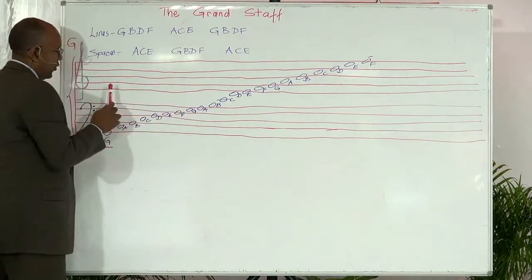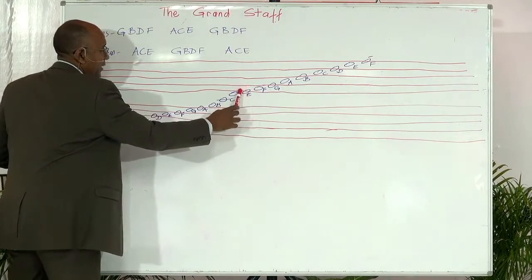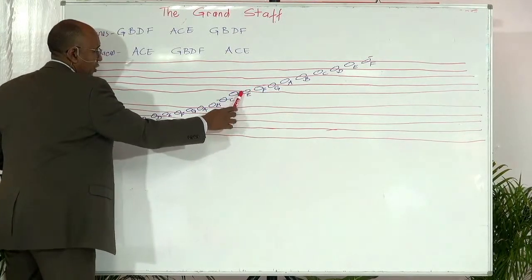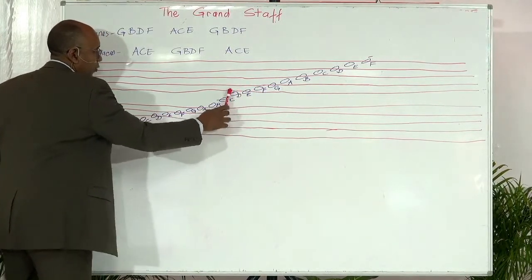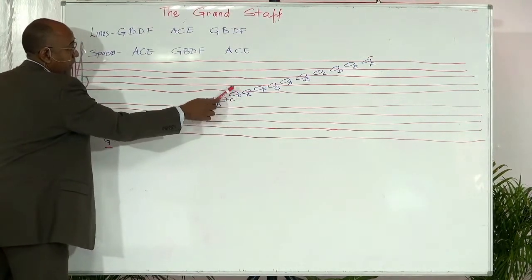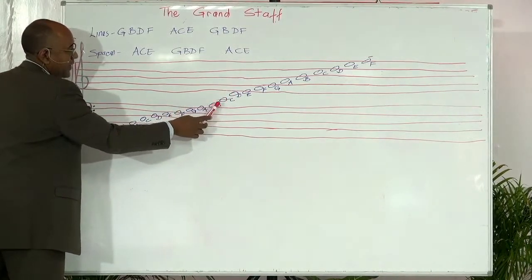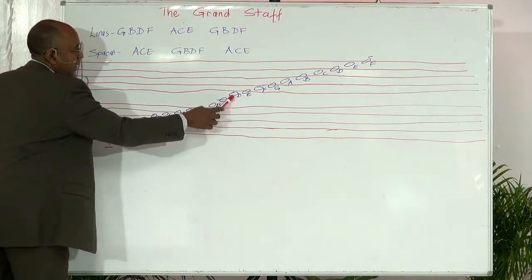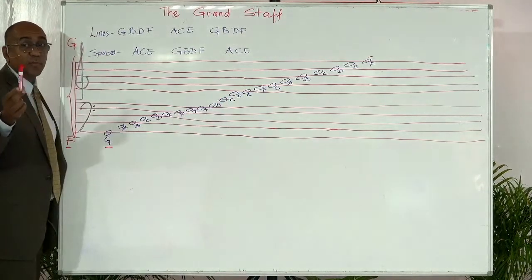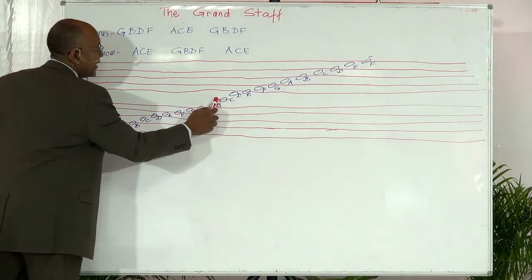And if you look at the treble clef, we have that lowest line, and just below that lowest line, we have a note in a space, because there must be a space that follows the line. So if we have a space here and a space there, there must be a line that comes in between. That line is a ledger line.